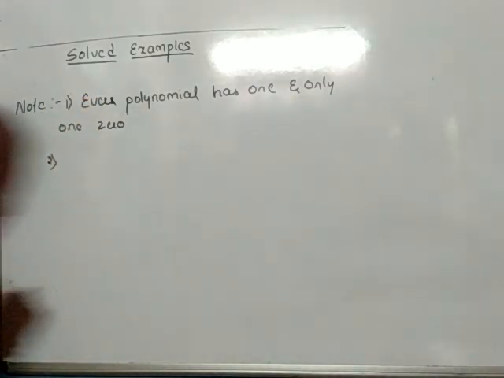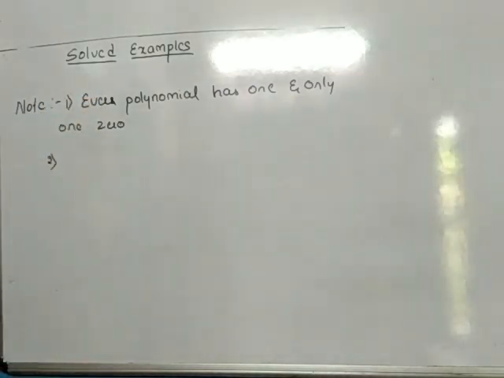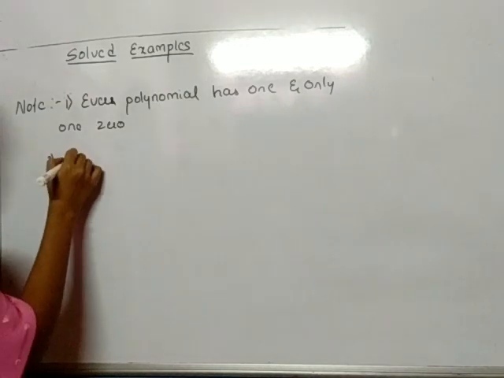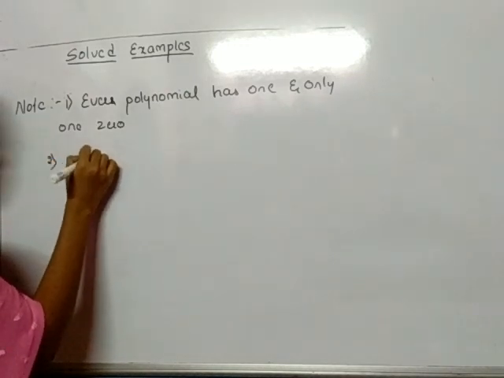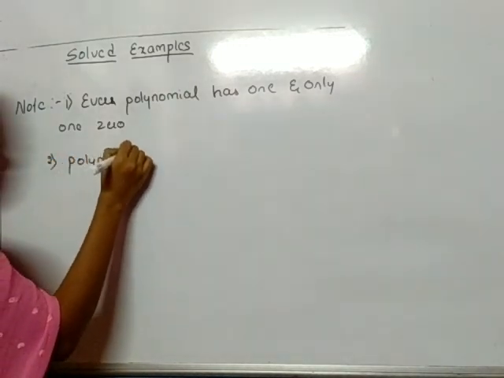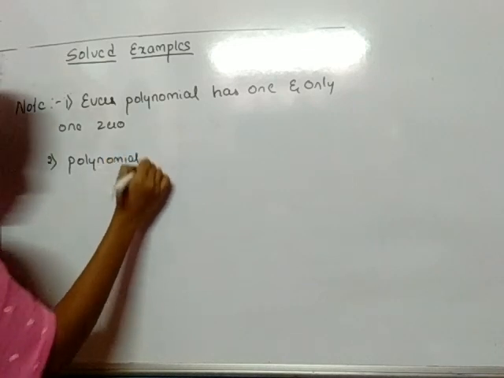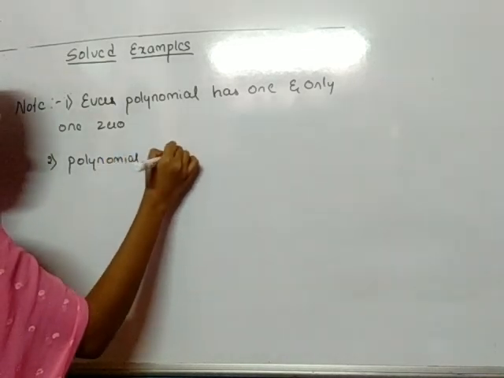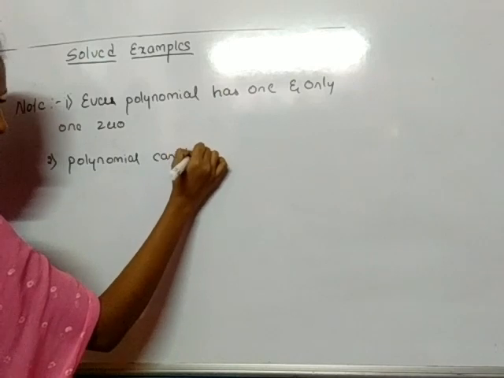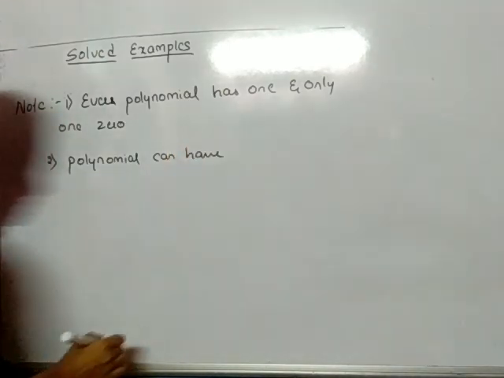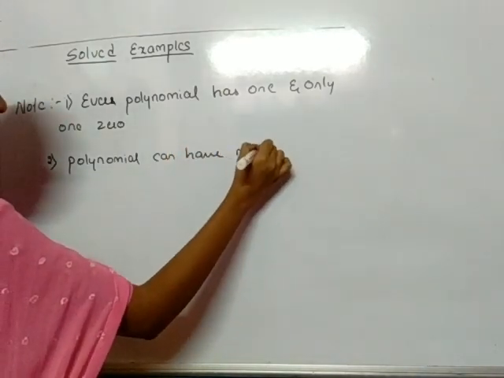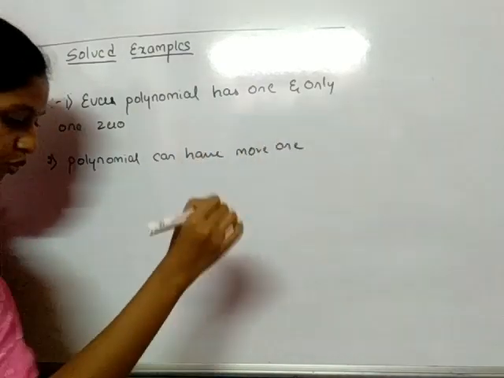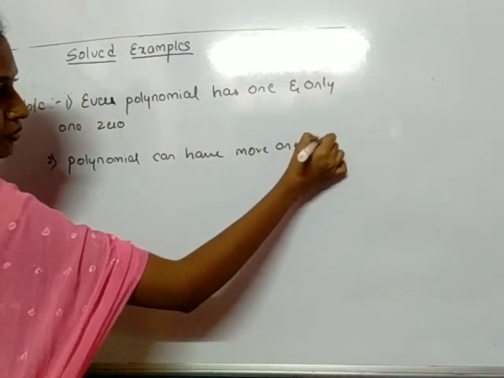Point 2, a general polynomial may be linear, quadratic or cubic, right? So in general, a polynomial can have more than one zero.